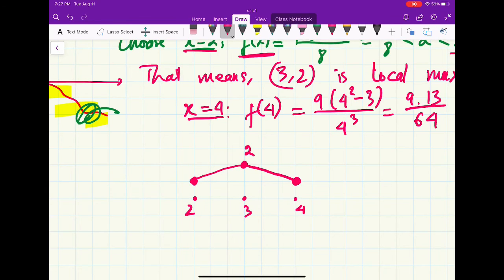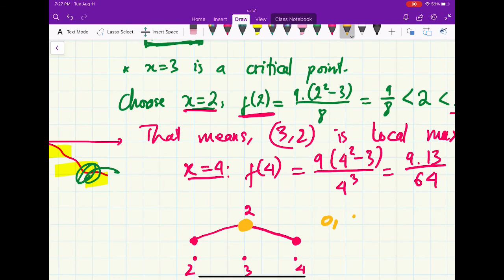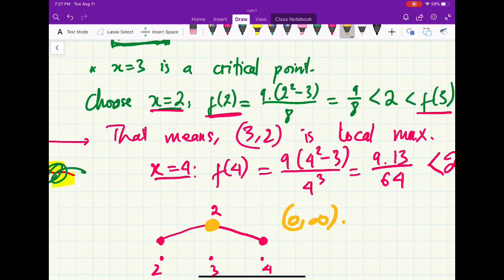And that is impossible because this point is the unique critical point on the interval from 0 to infinity. Right now, we don't have any information about increasing, decreasing. And I think that is the only way I can show you. X equal to 3 is a local maximum.